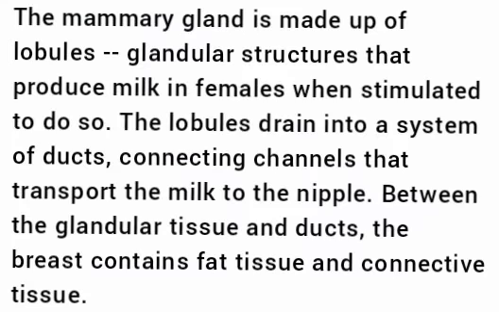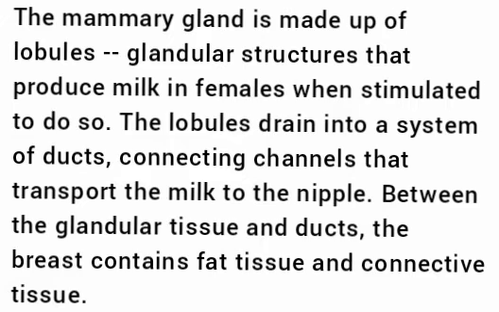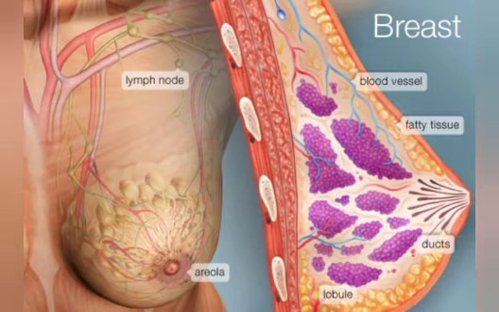The mammary gland is made up of lobules, granular structures that produce milk in females when stimulated to do so. The lobules drain into a system of ducts, connecting channels that transport the milk to the nipple. Between the glandular tissue and the ducts, the breast contains fat tissue and connecting tissues.